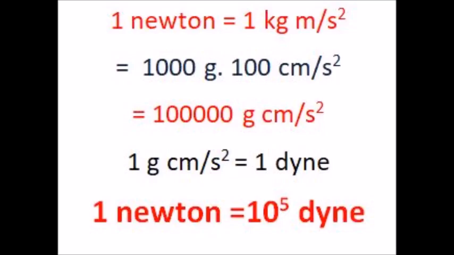But gram centimeter per second square is dyne, so 1 Newton is equal to 10 power 5 dyne.